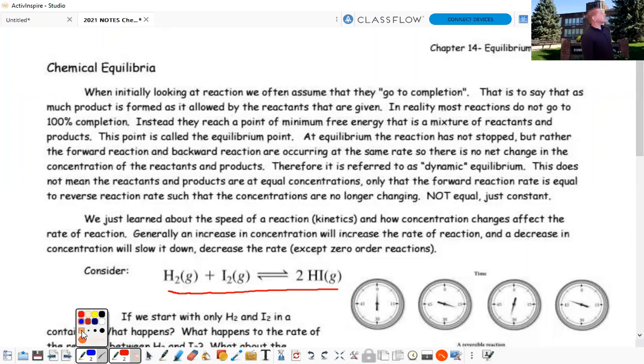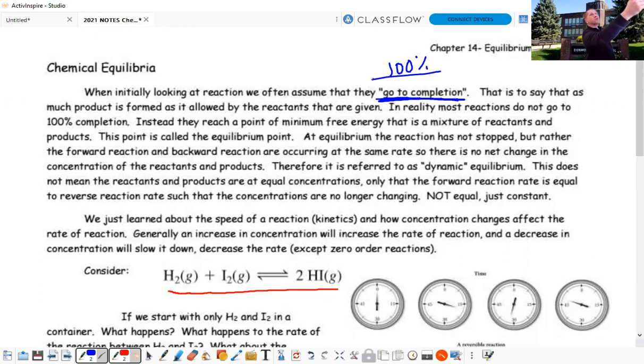Okay, so when initially looking at a reaction, we often assume, and the term is, it goes to completion. That's actually the phrase that's used. Does the reaction go to completion? That would mean stoichiometry works because 100% of it reacts. That is to say that as much product is formed as is allowed by the reactants that are given, stoichiometry.